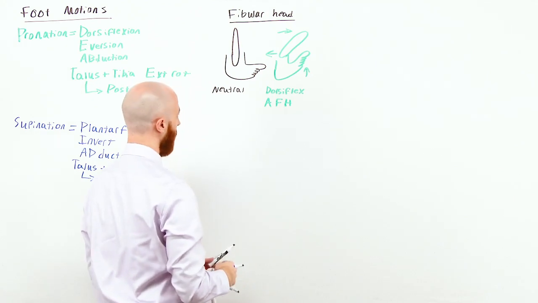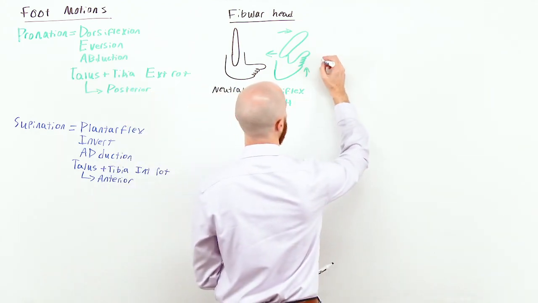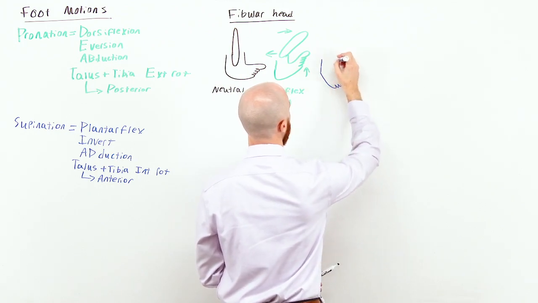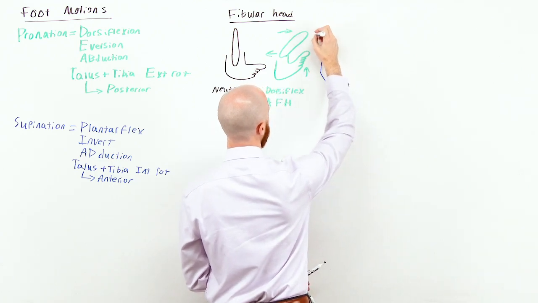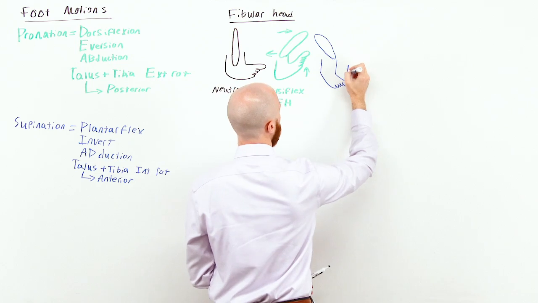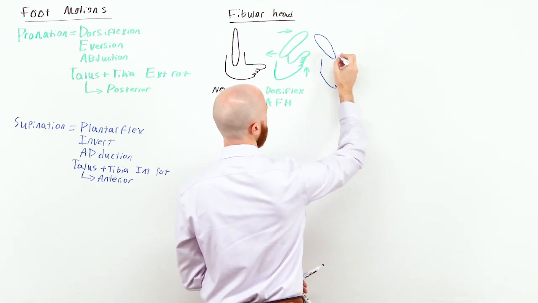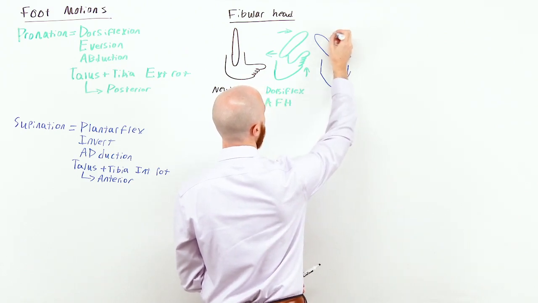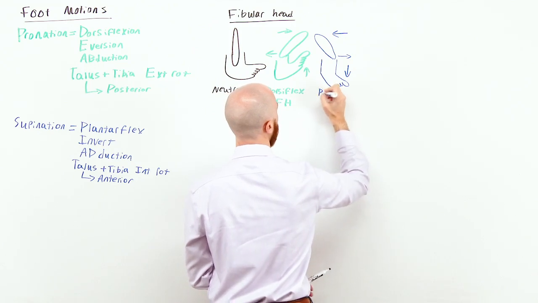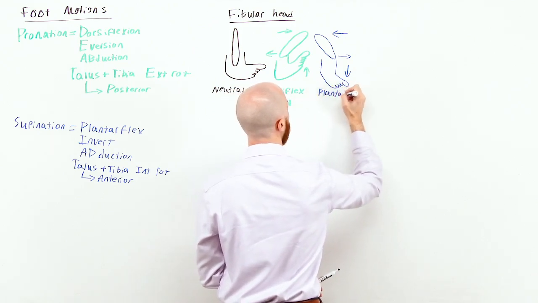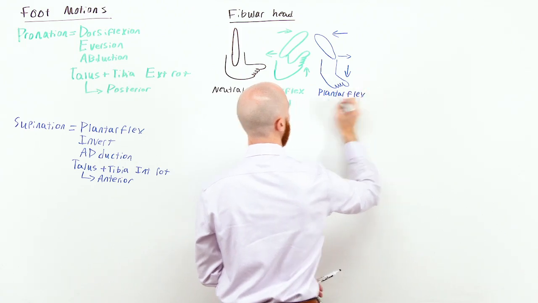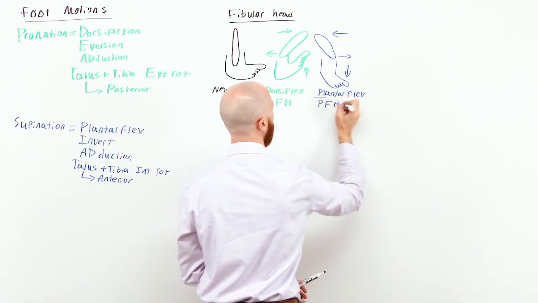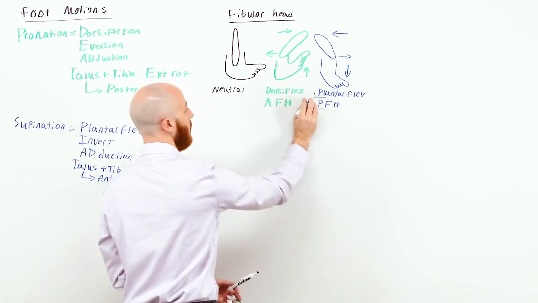It's going to be the opposite when you plantar flex. Your fibular head is going to go in the other direction. So when you plantar flex, the distal portion of your fibula will move anterior, and your fibular head will move posterior. So when you plantar flex, your fibular head will move posteriorly.